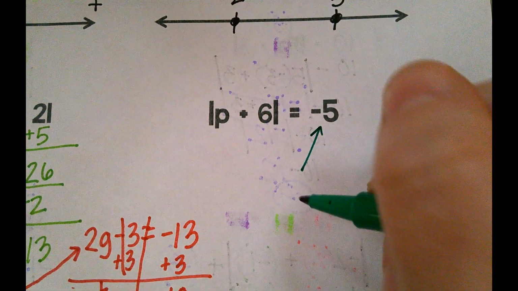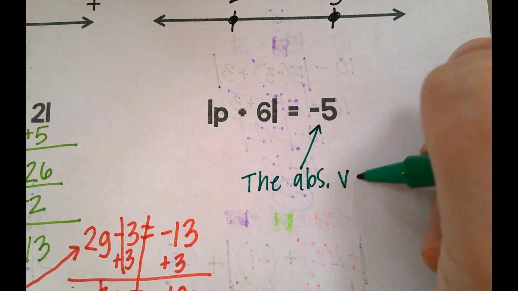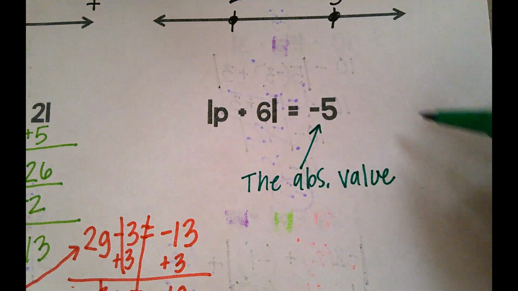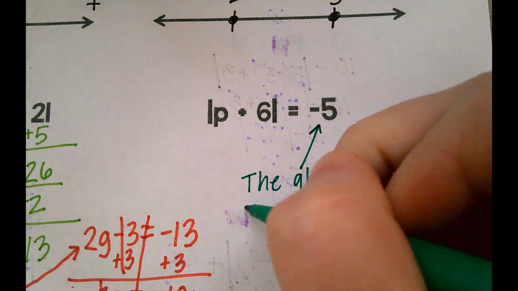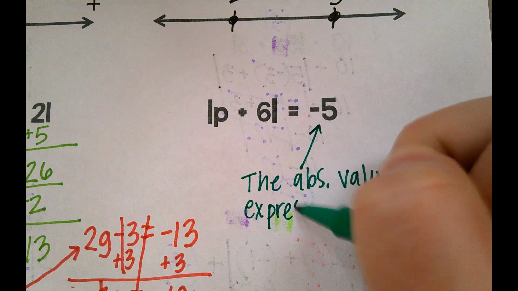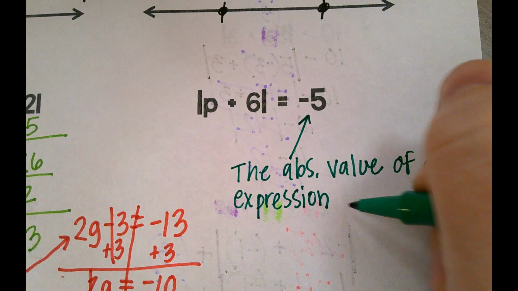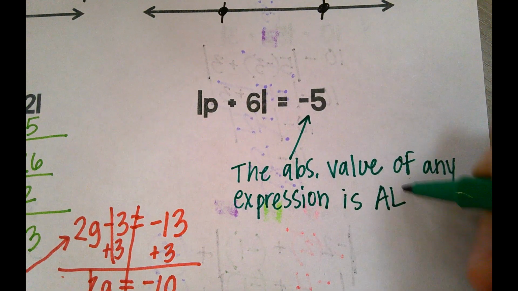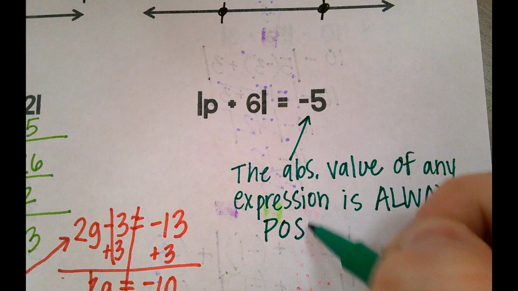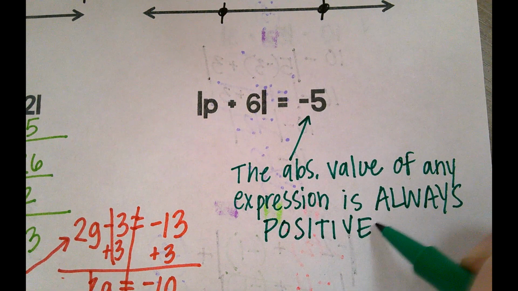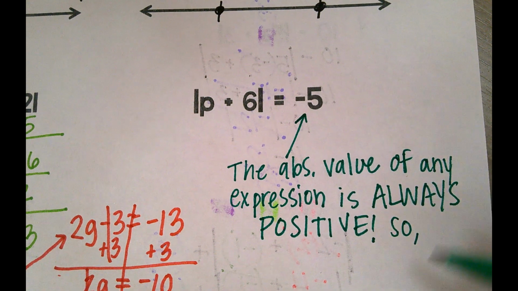This is what we're going to write here. The absolute value of any expression is always positive. So this is impossible.